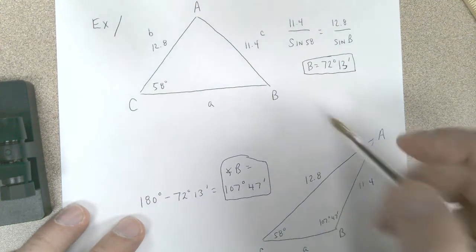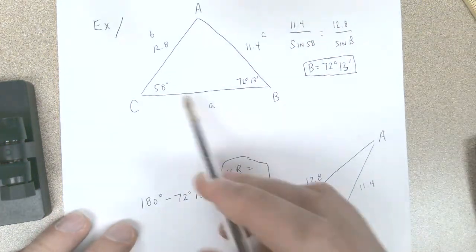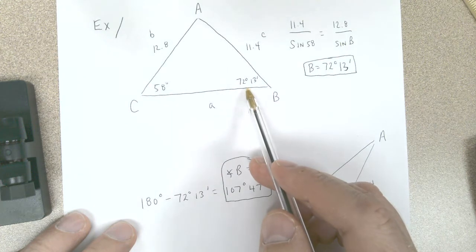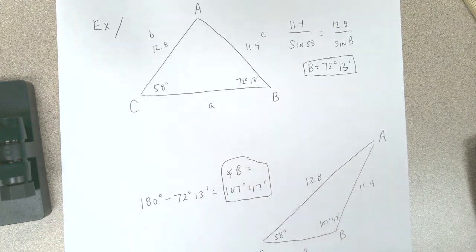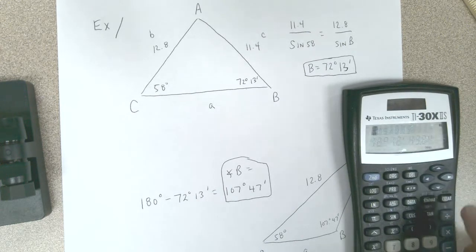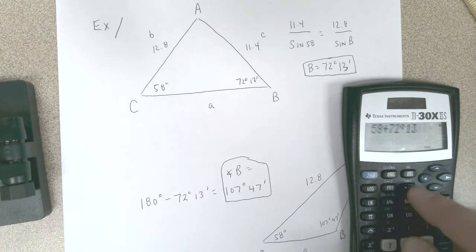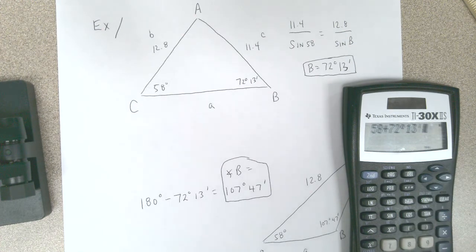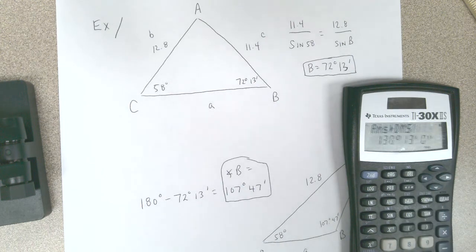In the first triangle, we now know that B is 72 degrees, 13 minutes. I'm going to add these two together and then subtract that from 180. So 58 plus 72 degrees, 13 minutes, and then I change that to degrees, minutes, and seconds.